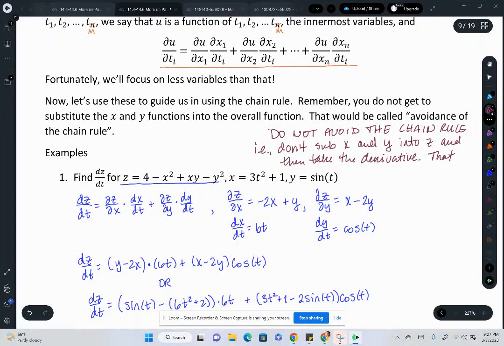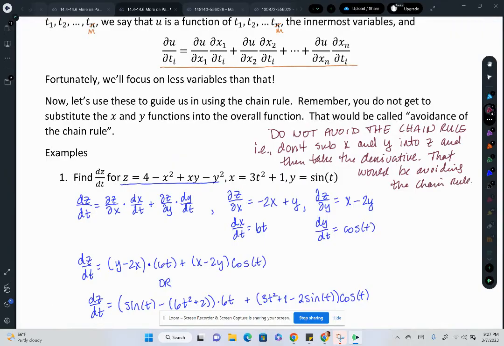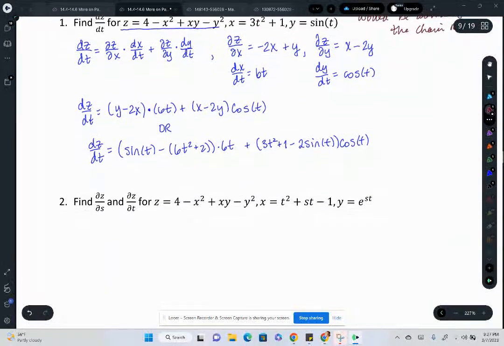That would be avoiding the chain rule. Okay? All right, let's try another one.